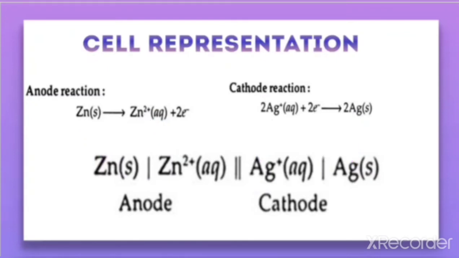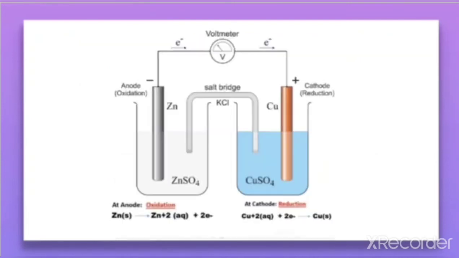For the zinc copper galvanic cell that we have discussed, the cell representation is Zn bar ZnSO4, two bars, copper sulfate bar Cu. Here instead of zinc sulfate we can write zinc ion, and instead of copper sulfate we can write copper ion, that is Cu2 plus.